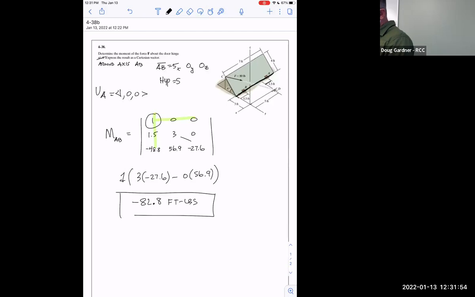Out of curiosity, this is working perfectly because AB is going that way. I found the right hand rule matches up. But if we went BA, you're like, oh no. It would be positive AC, wouldn't it? Because our right hand rule is wanting us to curl the opposite way. Yeah, isn't it interesting? Because we're getting a number here, but I just don't know how it would.